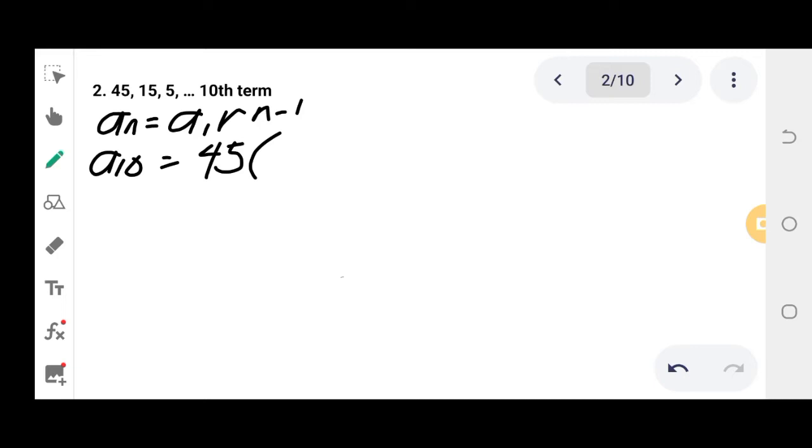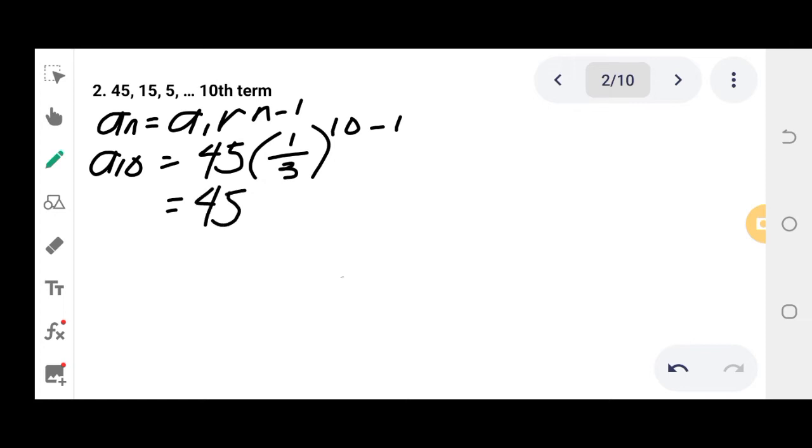Kapag po ang ating geometric sequence ay mayroong value na pababa po, no, paliit ng number, expect that your ratio is a fraction. So, dito po, 15 divided by 45, that is a fraction. Lowest term po nun is 1/3. And then, 10 minus 1. So, we have 45.